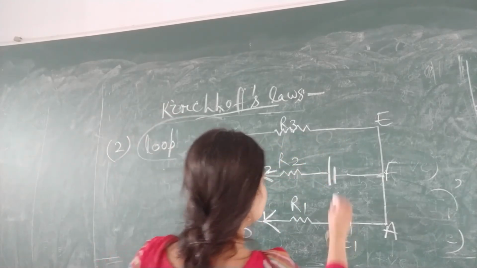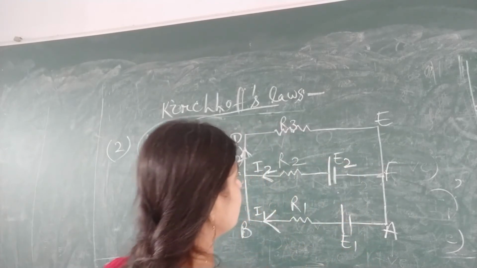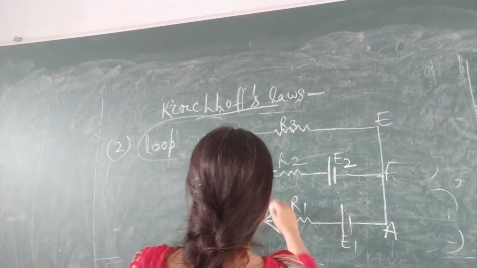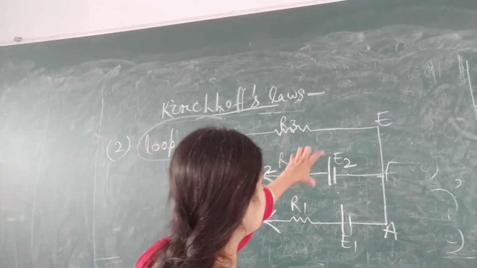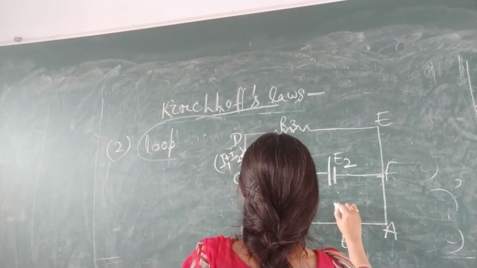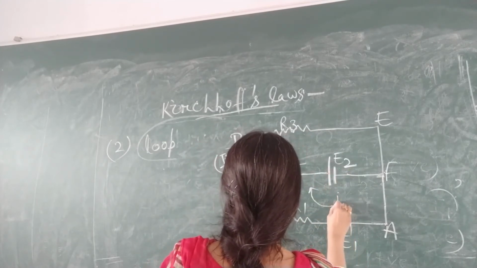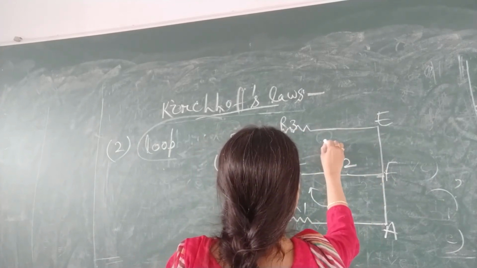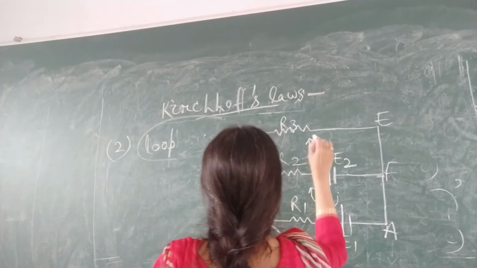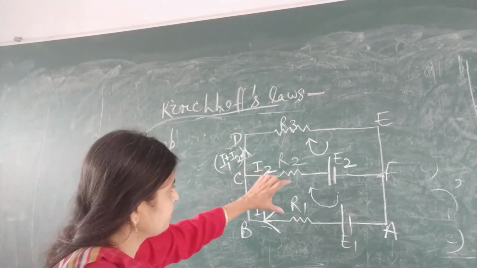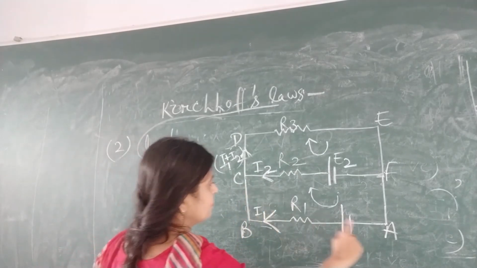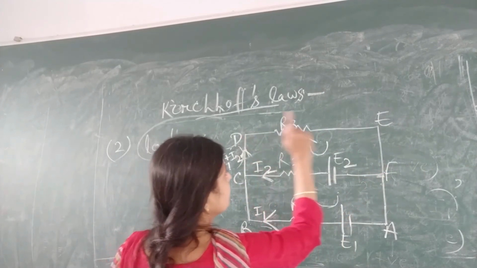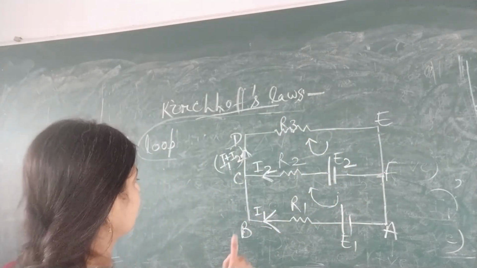This is E1 and this is E2. Clear? Now, according to the direction given in this diagram, we can show this. Similarly, for the second loop, the direction is like this. That means there are 2 loops. One is A, B, C, F, and the second one is F, C, D, E. Clear?